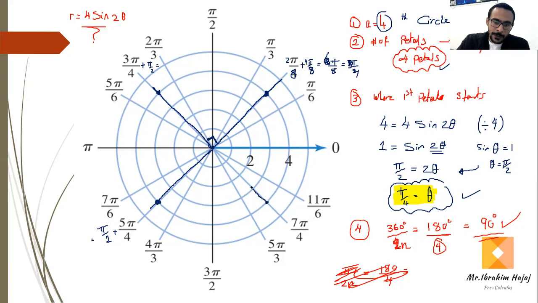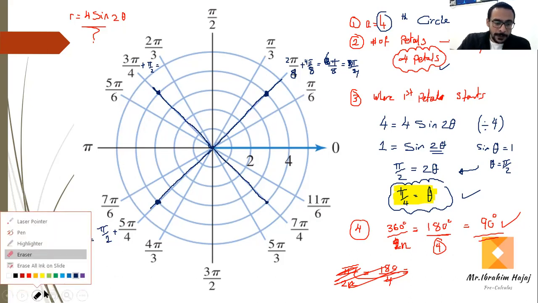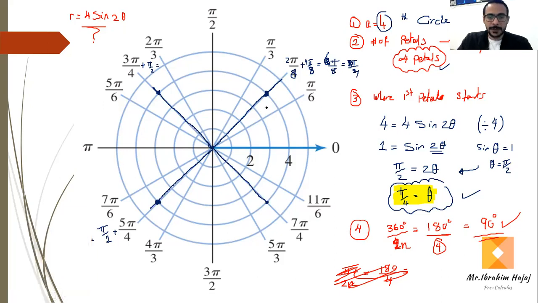This is a point, and then move to the center of the pole. Then draw your petals counterclockwise. I'm going to start from here, guys, and move. Here's the first petal, right? Yes.